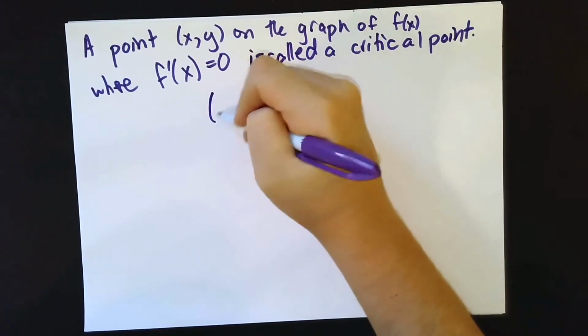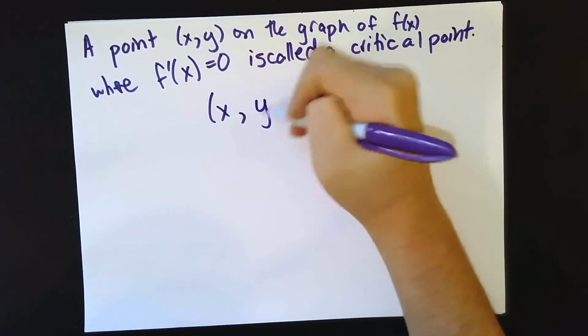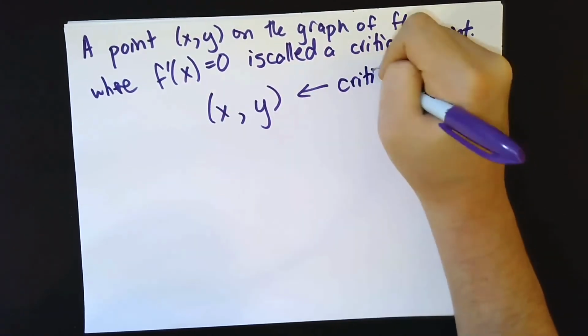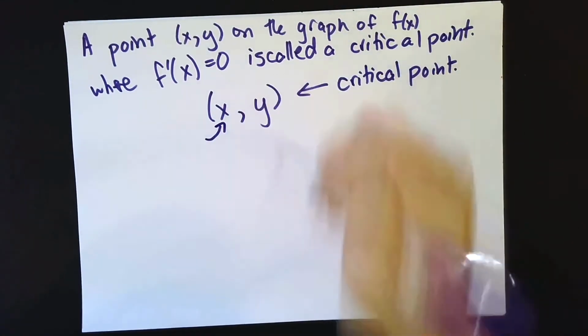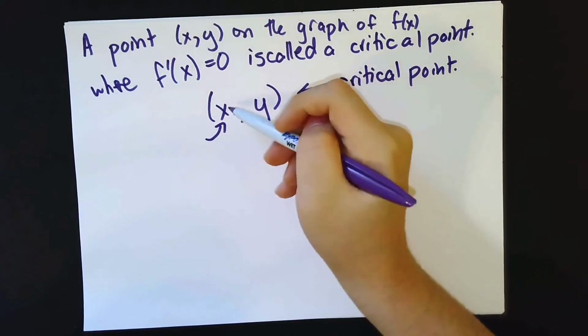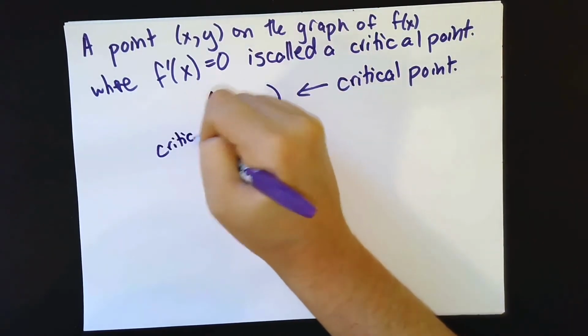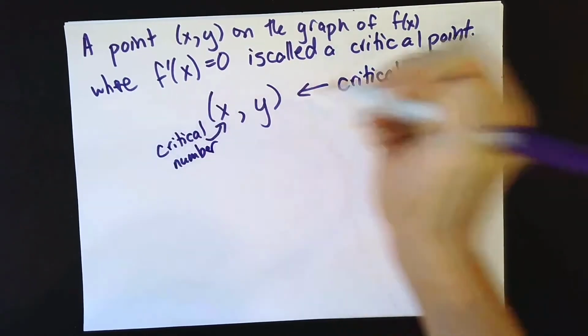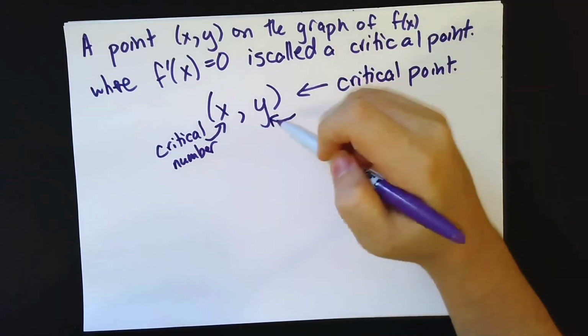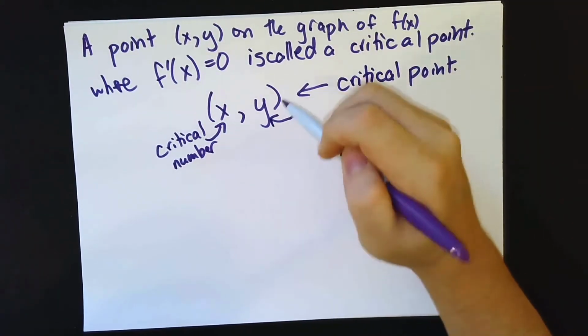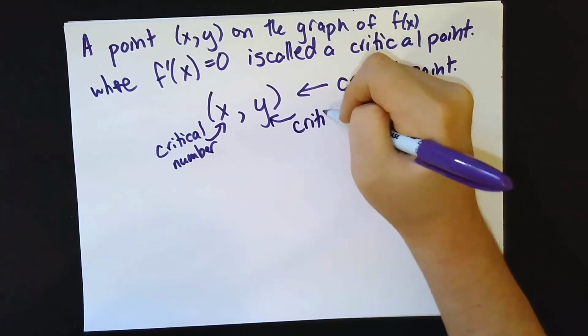So if I say critical point, I'm talking about the pair of both of them. If I want to refer to the x coordinate only, I'll call that a critical number. And if I want to refer to the y-coordinate of a critical point, that is the output, I will call that the critical value.